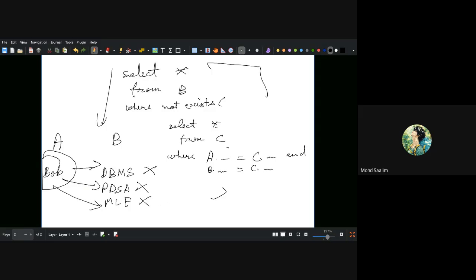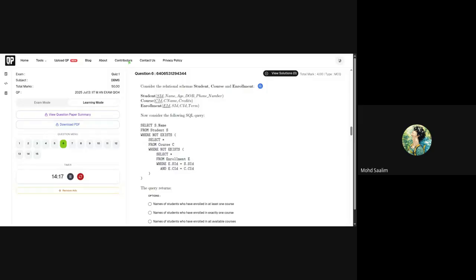I do think that I have taken a lot of time just for a single question, but it is important because there is a chain of exists and not exists, and these types of questions are kind of confusing. When I was doing DBMS, it was also very confusing for me.